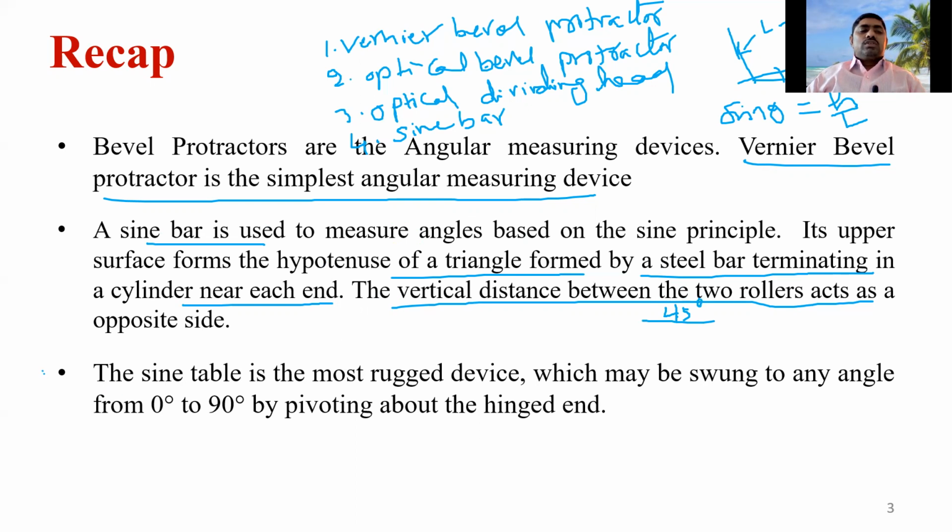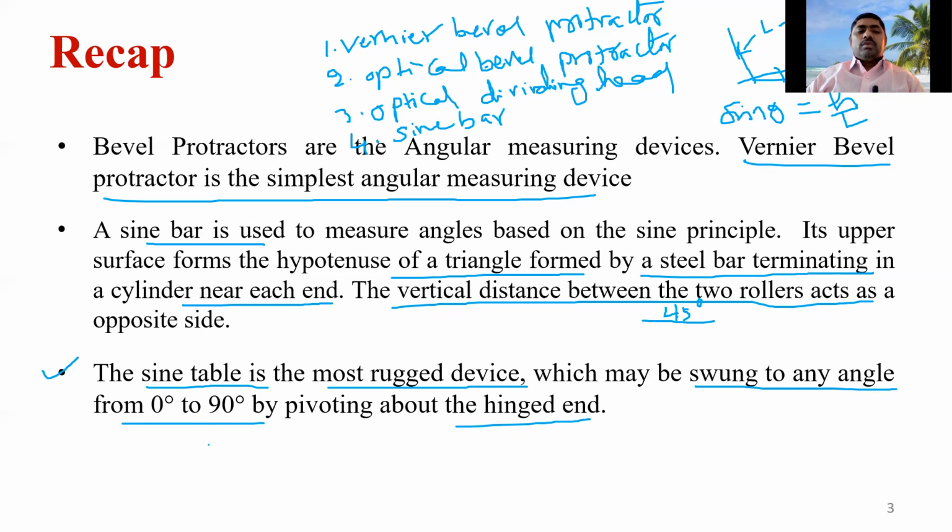And then we have seen the sine table. This table is a most rugged device, which may be swung to any angle from 0 to 90 degree by pivoting about the hinged end. These sine tables may be a simple sine table, that means it can tilt only about one plane.